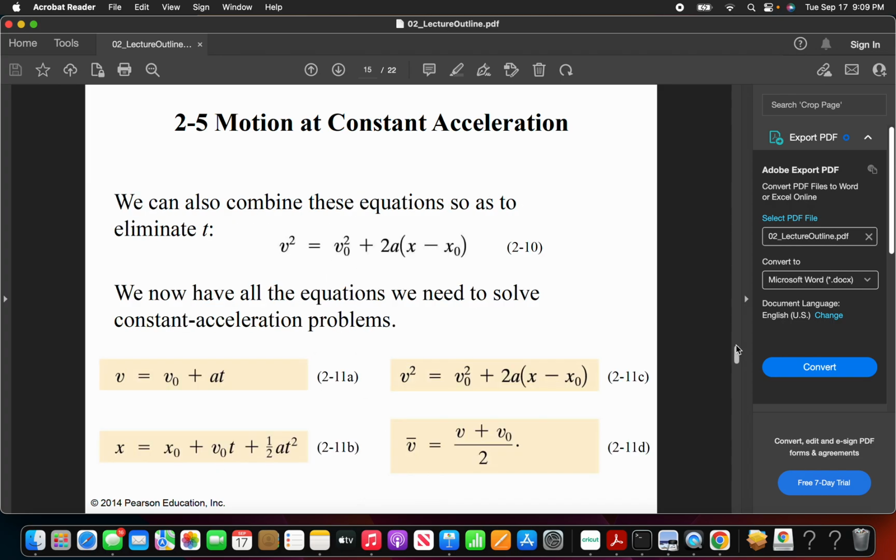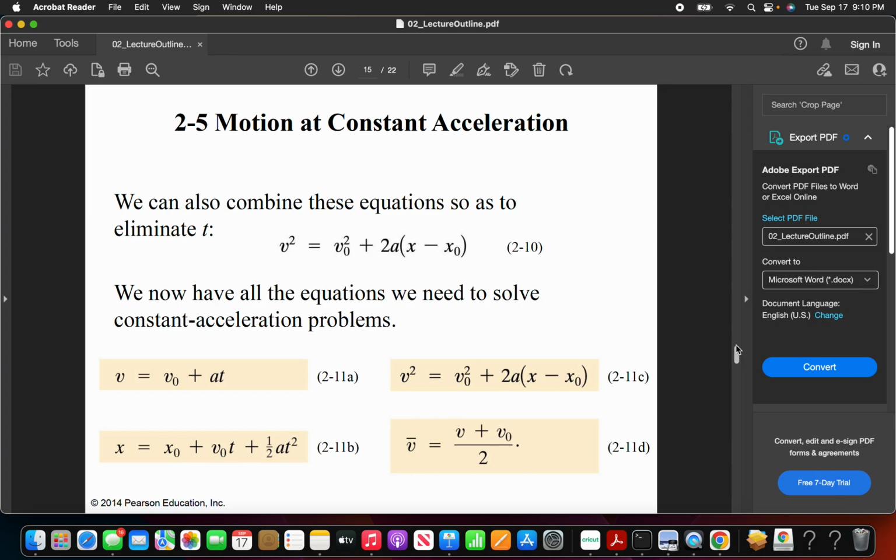All right. So these are some pretty important equations here. I just want to point your attention to the bottom left-hand corner, that's the one we just went over. That's the constant acceleration equation. That's very valuable.